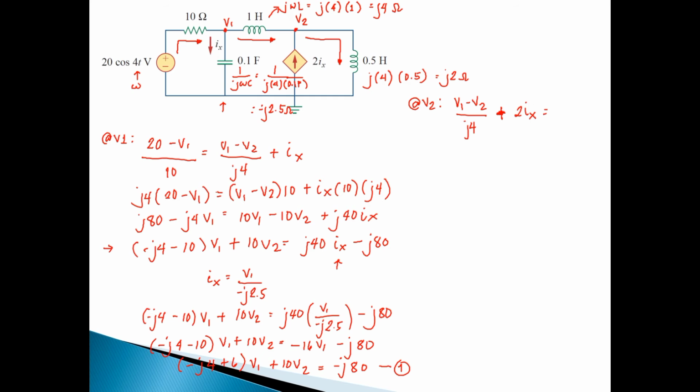The current leaving is V2 over j2. Now let us substitute also the value of Ix here. So we have (V1 minus V2) over j4 plus 2 times V1 over negative j2.5 equal to V2 over j2.